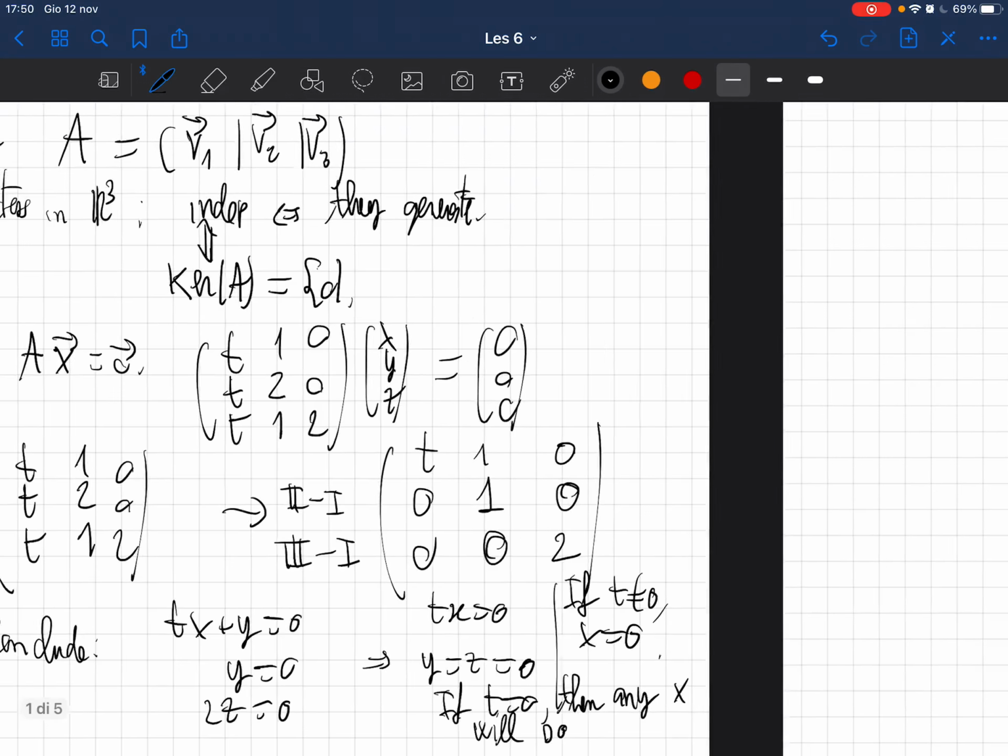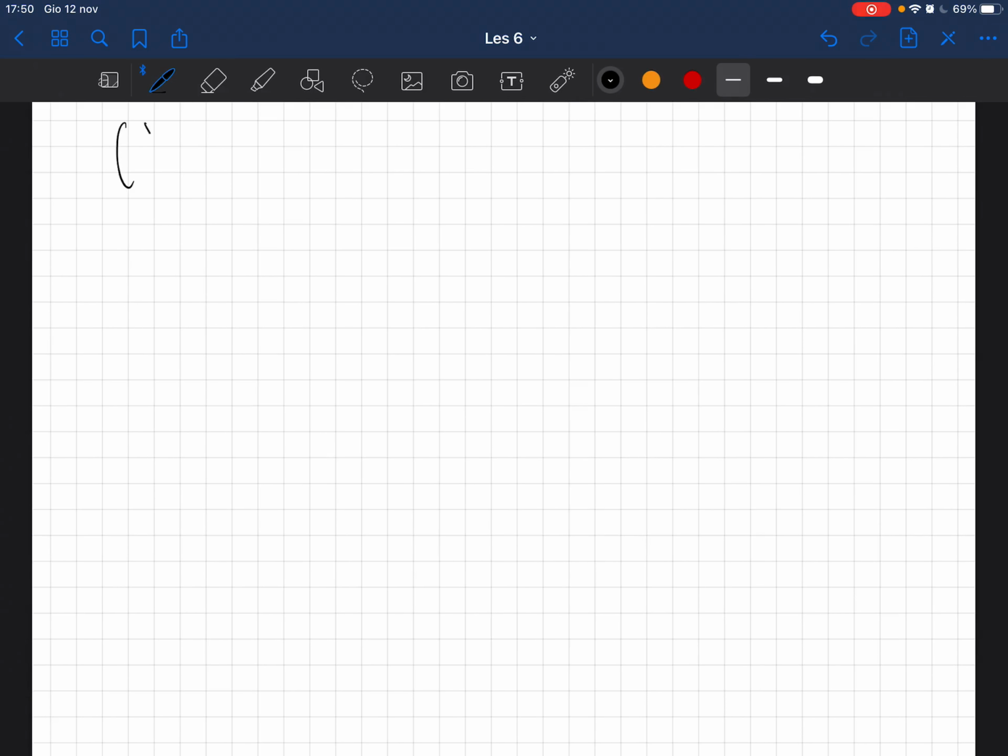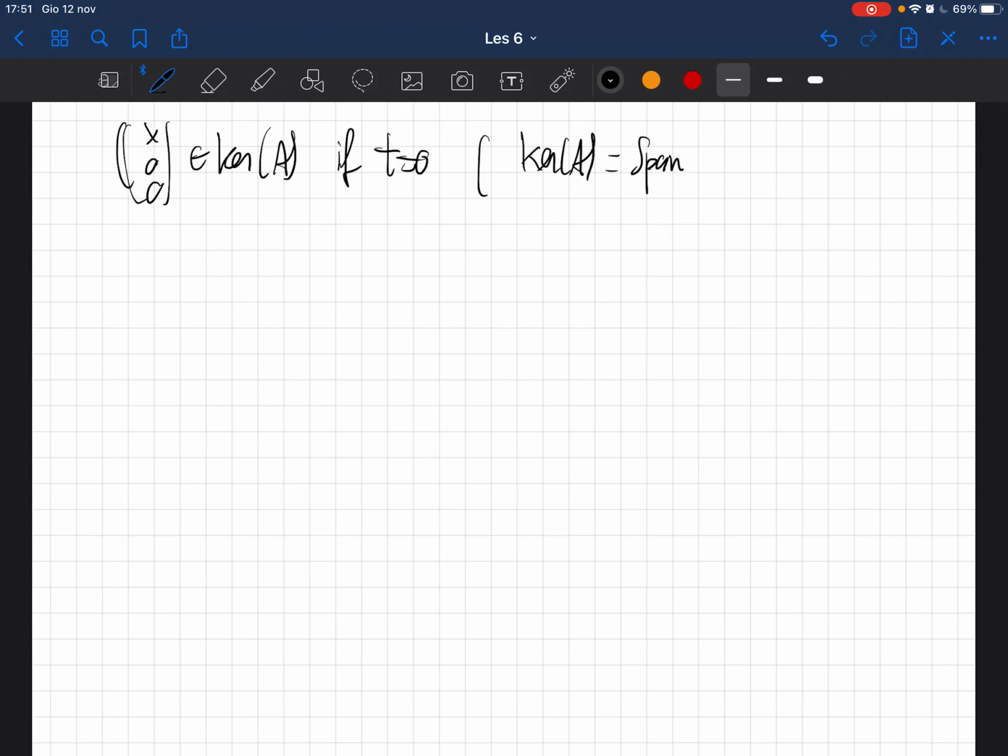So in this case, or again, you can find the basis of the kernel if you want. It's very easy, if t is equal to 0.